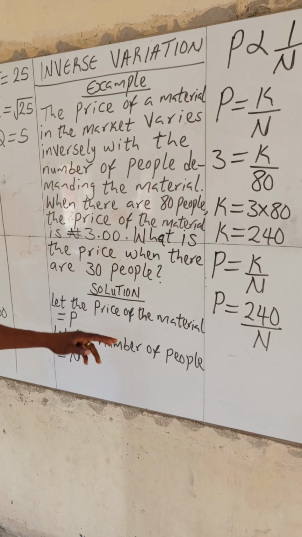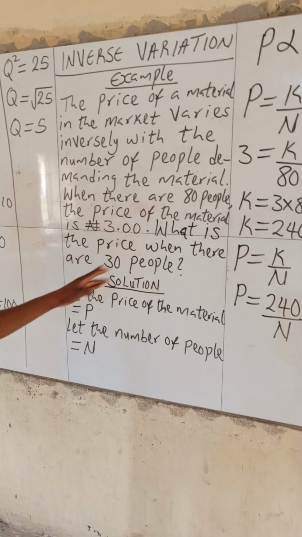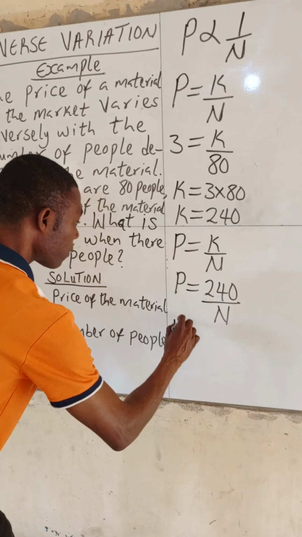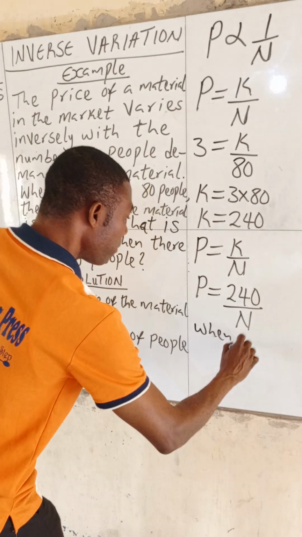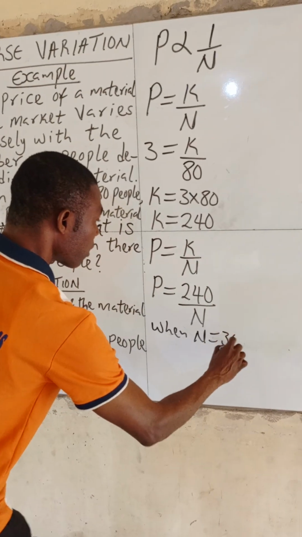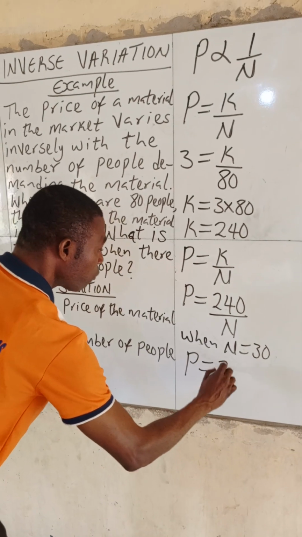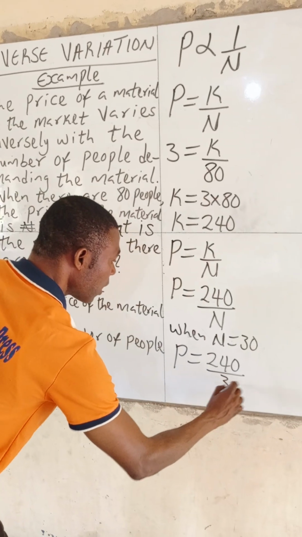So now the next question says, what is the price when there are 30 people? The number of people equals to 30. Then from here, we have P equals to 240 divided by the number of people, which is 30.